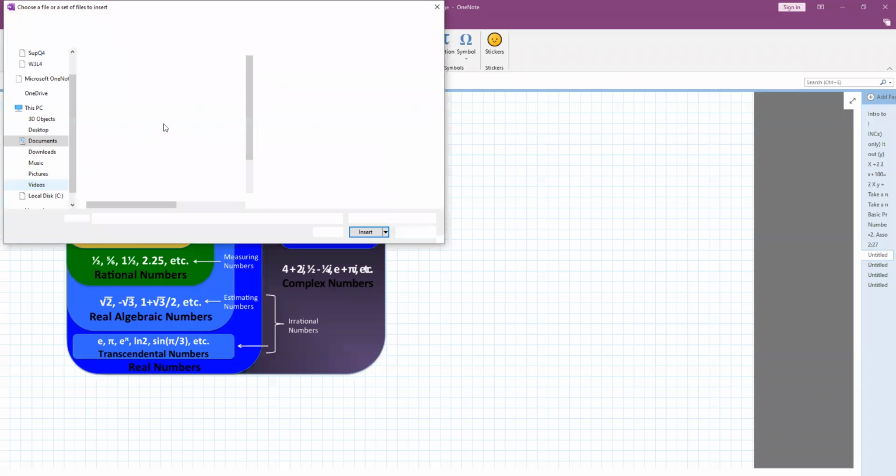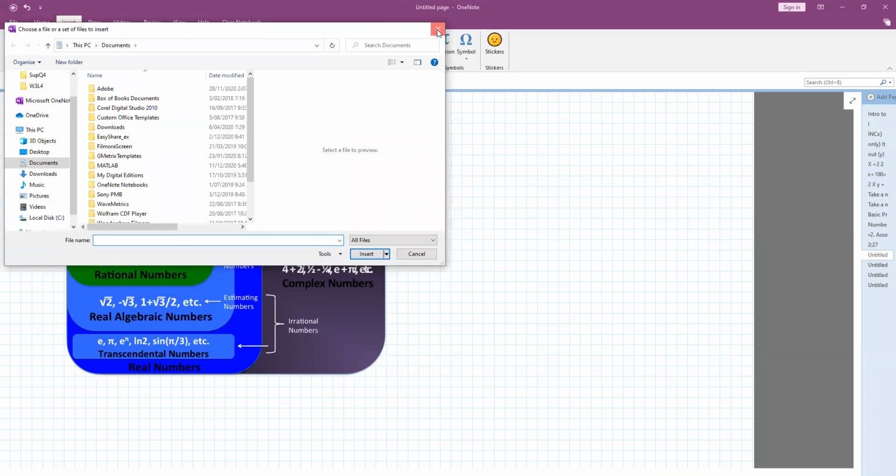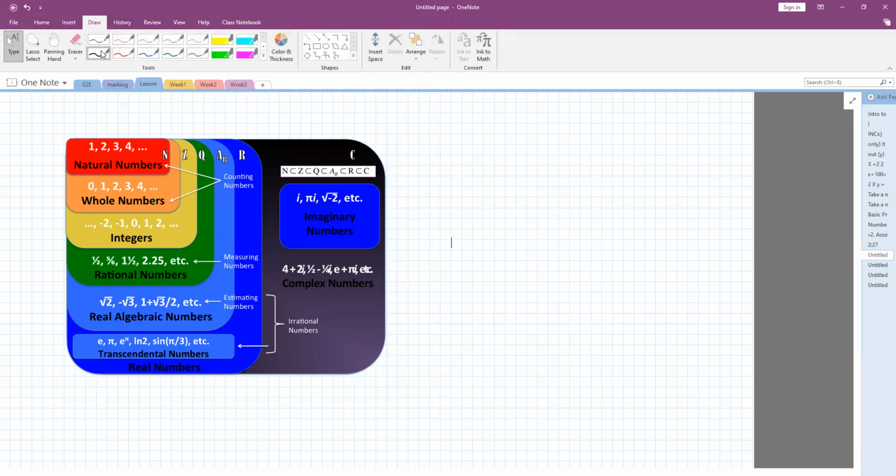Well, it's just a group of some numbers. If you look at the example of natural numbers, we see this is 1, 2, 3, 4. So they are called natural numbers. And the bigger group of natural numbers is whole numbers.